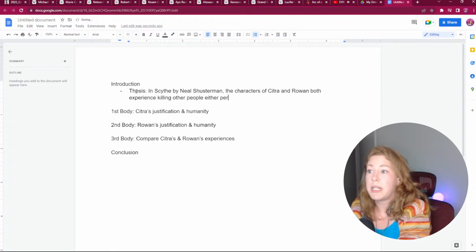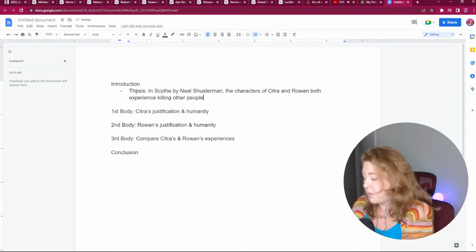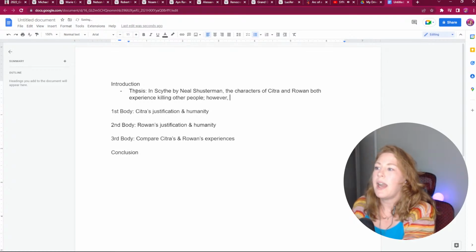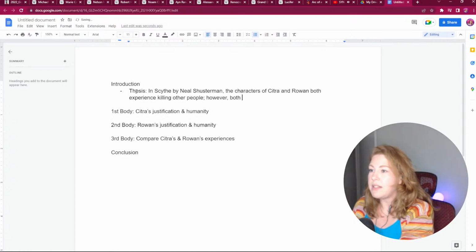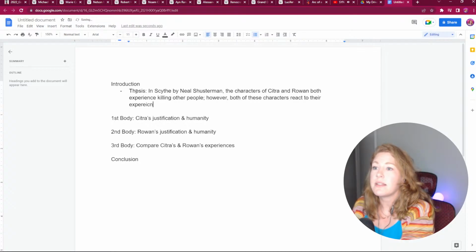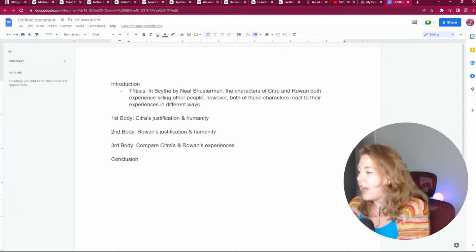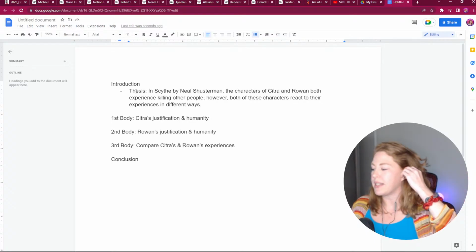Experience killing other people, that's where we're going to start here. However, both of these characters react to their experiences in different ways. Beautiful.